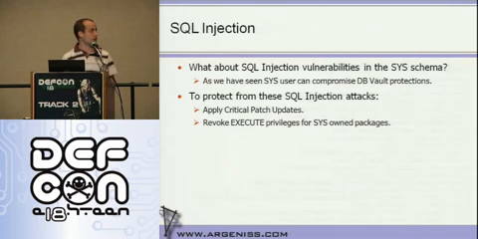So what about SQL injection in the sys schema? If we can impersonate the sys user using SQL injection, we can use some of the techniques I just mentioned to compromise Database Vault.